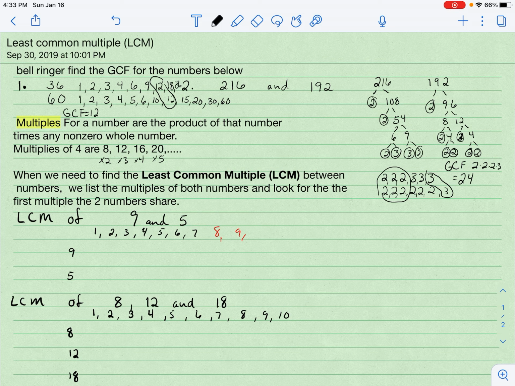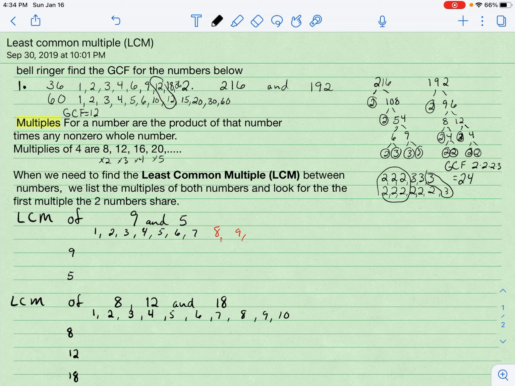Likewise, when you have larger numbers, you use prime factorization. So you're breaking down the number into the prime numbers that if you multiply them all together, you will get that value. So 216 breaks down into 2, 2, 2, 3, 3, 3. So 2 times 2 times 2 times 3 times 3 times 3 equals 216.